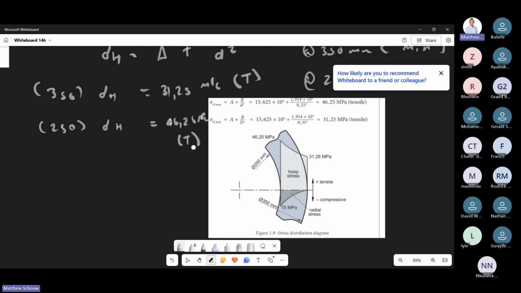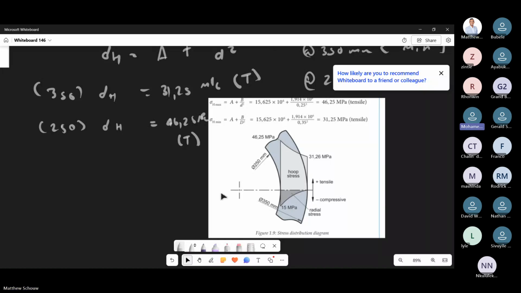The reason why is when we do the external stuff, tensile is given the positive notation. That is correct. In the textbook it says compressive is given the positive notation, and it doesn't make sense to me.